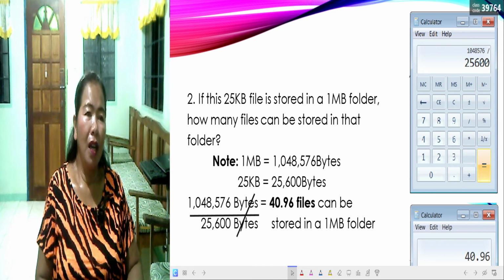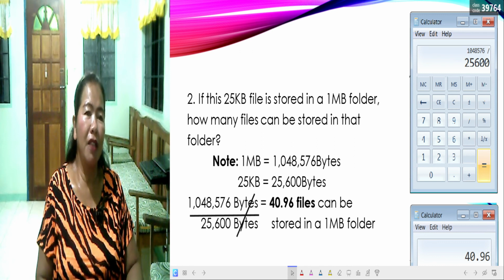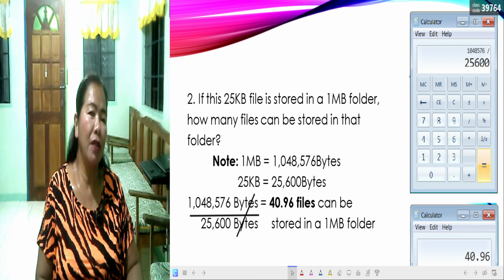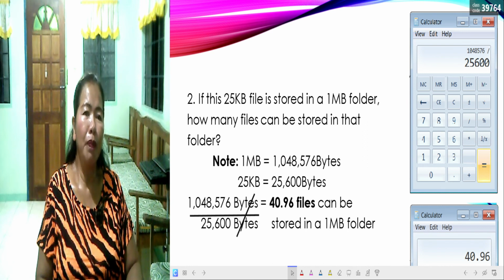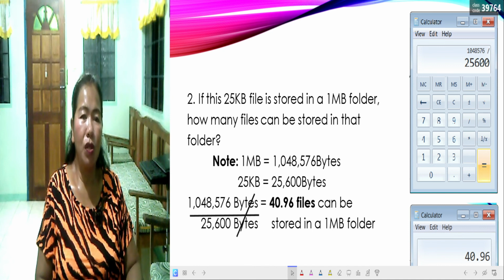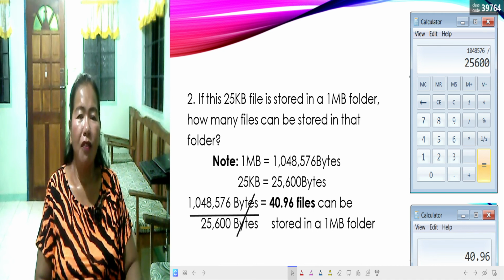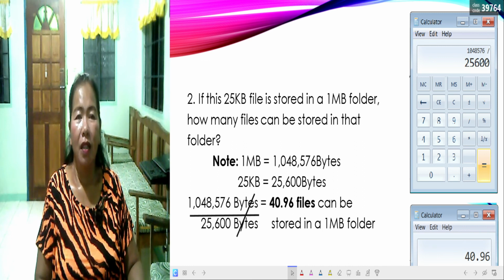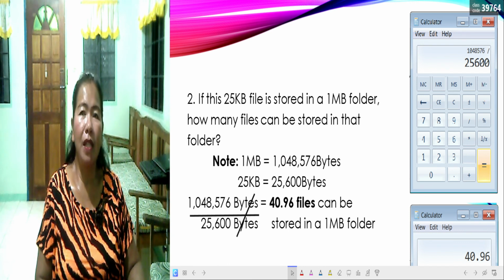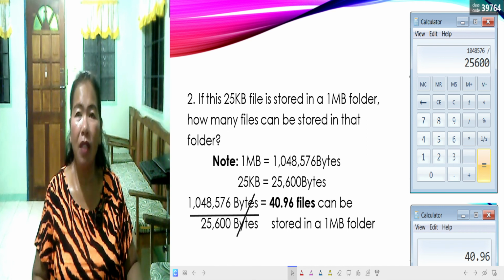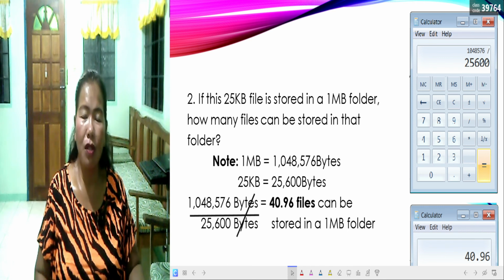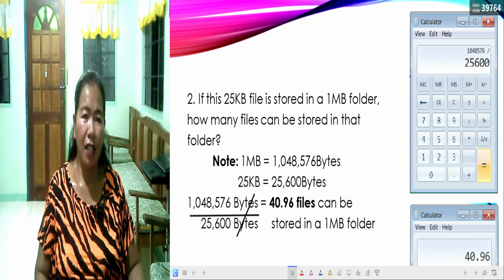Therefore, 1,048,576 bytes divided by 25,600 bytes results to 40.96 files can be stored in a 1 MB folder. So based on the result of the calculator, when you divide 1,048,576 by 25,600, that results to 40.96 files.